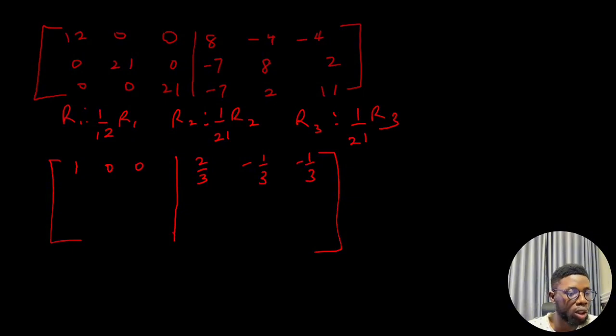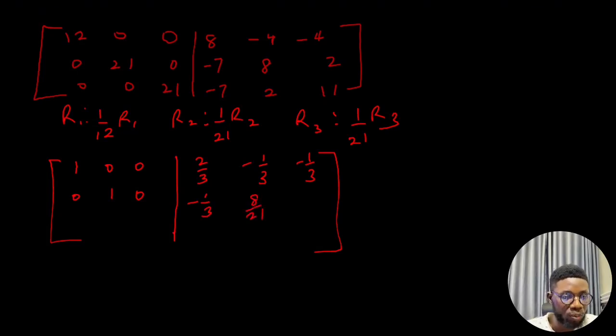Then for the second row, we have 1 over 21 multiplying everything through. This will be 0, 1, 0, definitely. So negative 7 divided by 21, that will be negative 1 over 3. Then we have 8 divided by 21. There's no common factor, so we just keep 8 divided by 21.